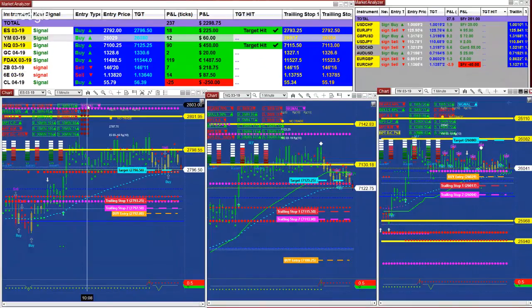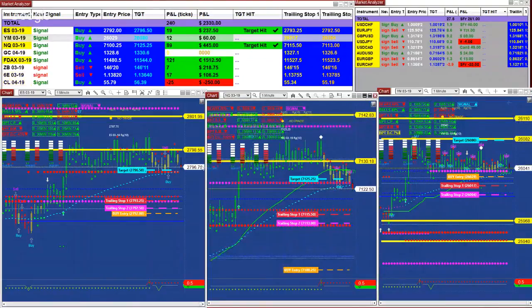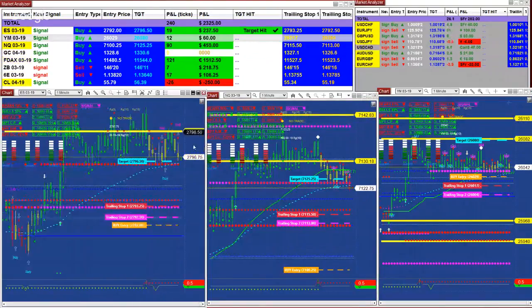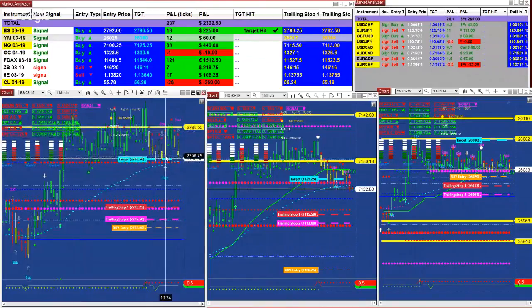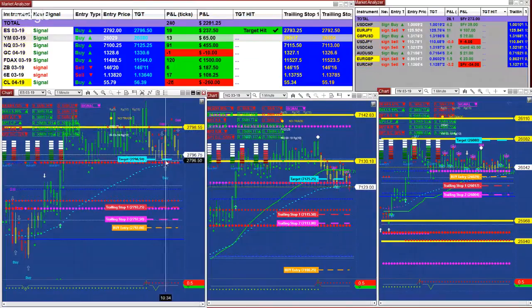This is a different system, it has nothing to do with the other, and it's pointing to this market going down. And the ES is flat, refusing to break those levels. So let's keep our eye on the ES.